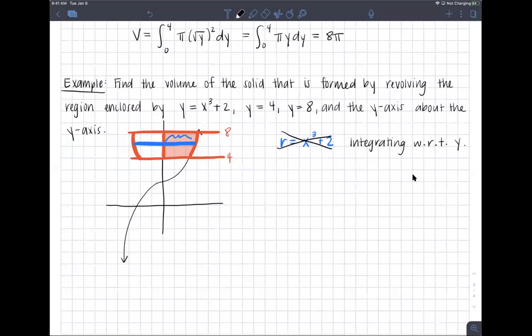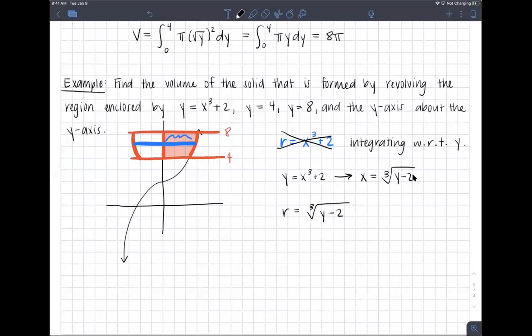You're going to have that y is equal to x cubed plus 2, so x is equal to the cube root of y minus 2. And so that's what your radius is actually given by. So here r equals the cube root of y minus 2.